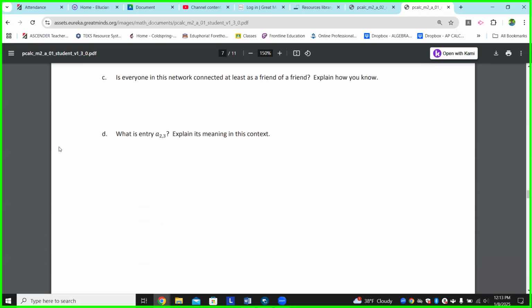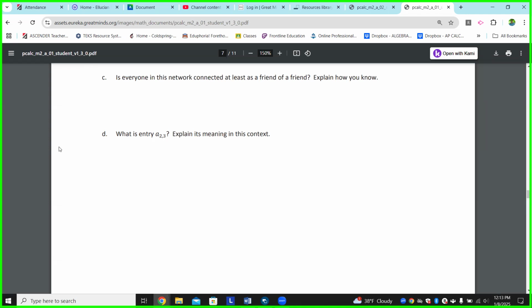Basically, what that means is a friend of a friend, can everyone get to everybody. So, like for instance, 1 wasn't friends with 10, but he had 2 mutual friends he was able to get a message to. So, is every friend able to get to every friend?